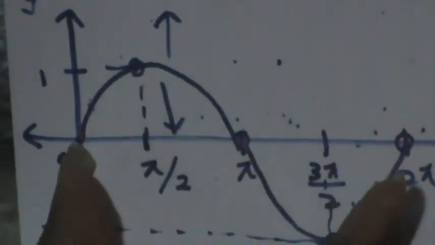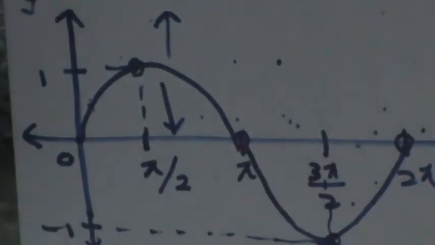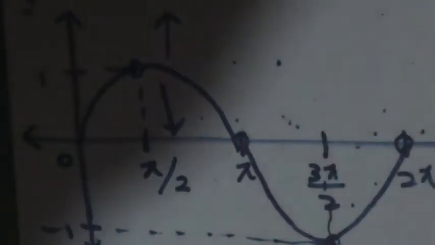So the period is pi, whereas for the sin x graph you know that the period is 2 pi, that's the wavelength as described in the first video. So the period is 2 pi for y equals sin x, and for y equals sin 2x the period is pi. So actually what happens is that the graph is shrunk, compressed as if you are compressing a spring.